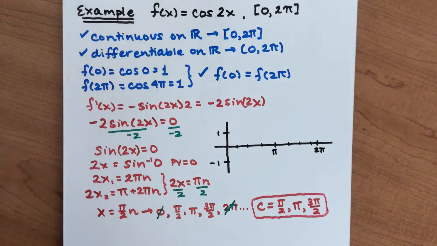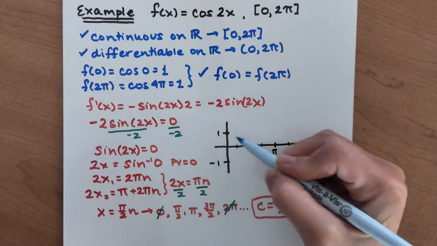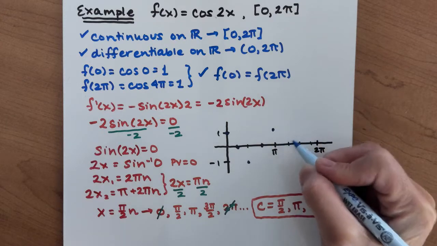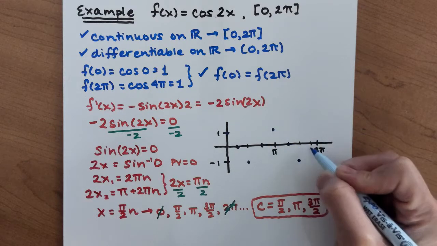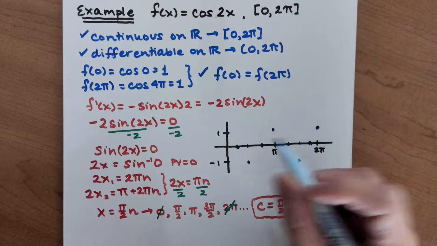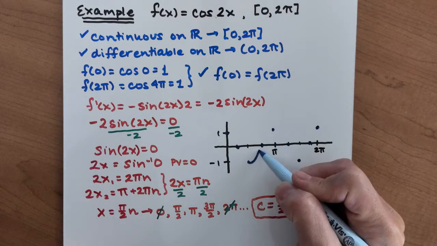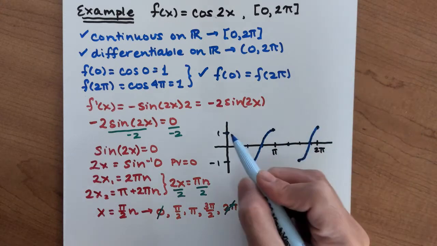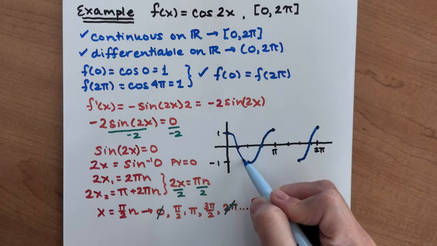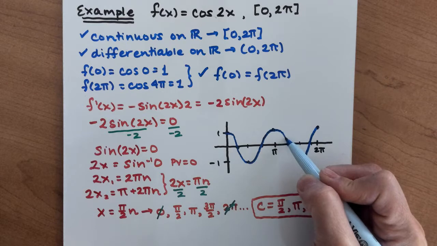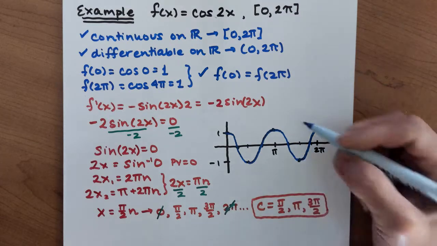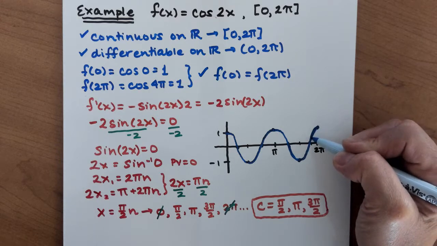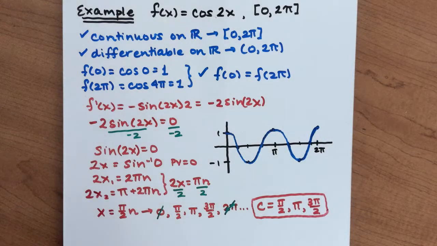I will draw on my critical points to make it a little bit easier to be neat. There we go. Okay, and so the graph is going to look like this, and like this, and like this. Okay, there is our graph of cosine of 2x from 0 to 2 pi.